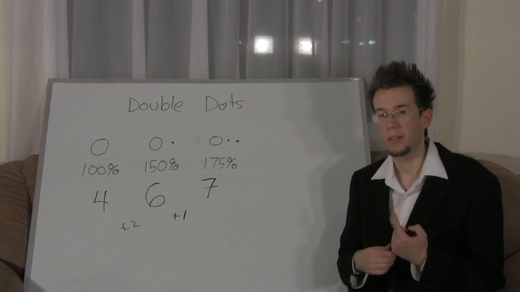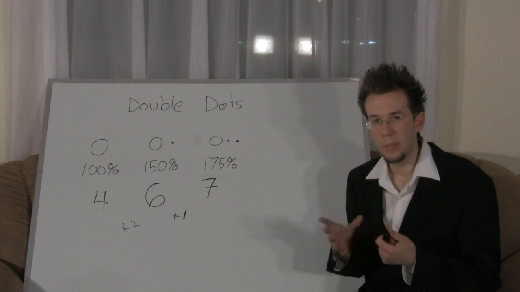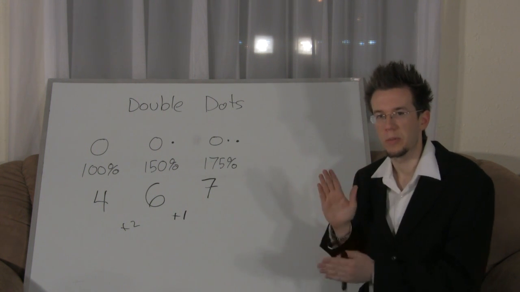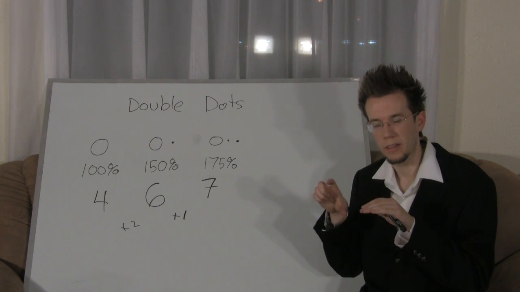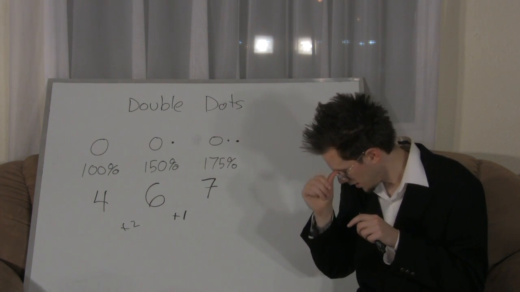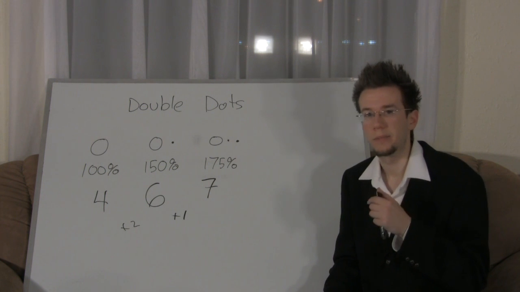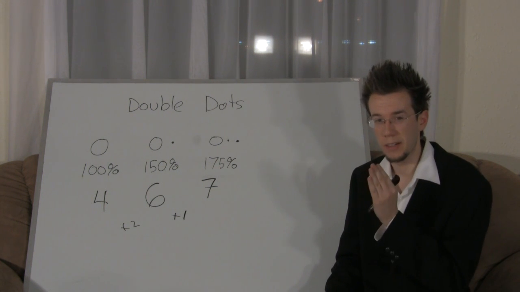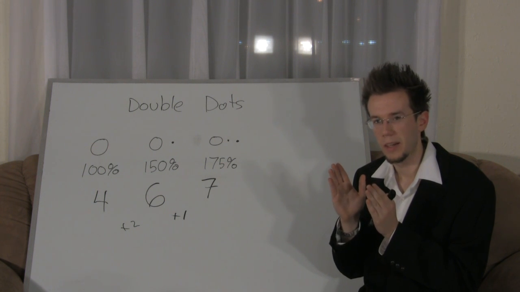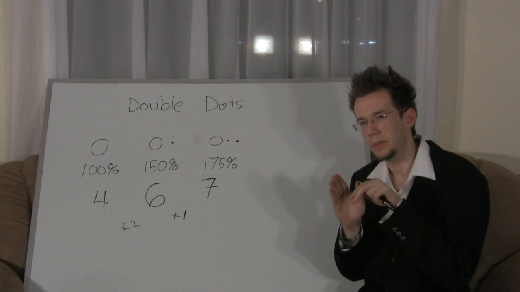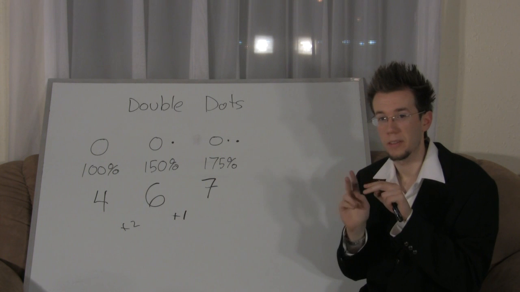You'll actually see double dots in pieces where they're used in rhythms like a double dot and then a 32nd note. Normally you'd have a dotted 8th note with a 16th note equaling the whole thing. What they might do is put a double dot, and now it's a double dotted 8th note with a 32nd note.